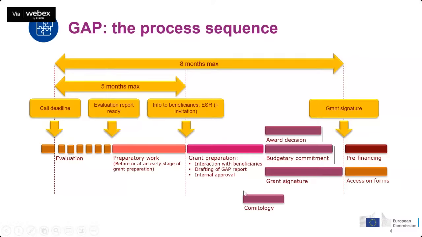This is what we call comitology, and it takes time to prepare. We really need to prepare all the information that we send to the member states, and they normally meet together and decide on the project. So this is the reason we need a bit more time to sign the grant.